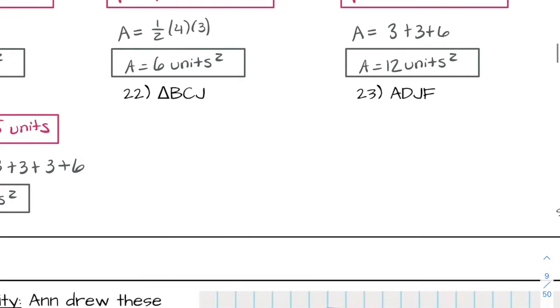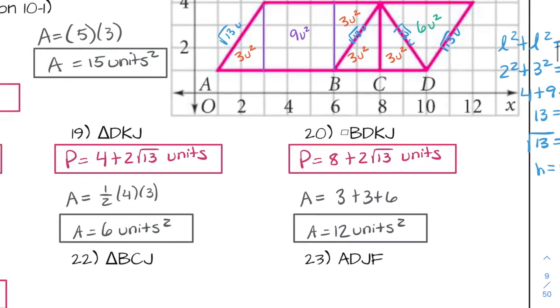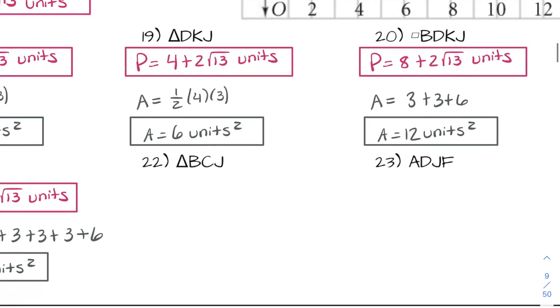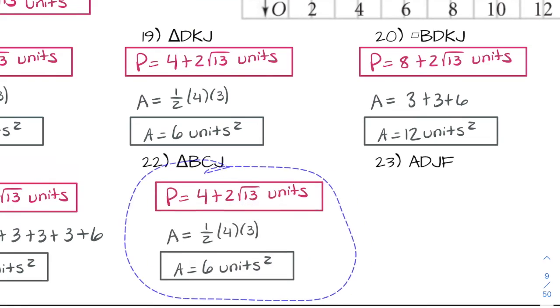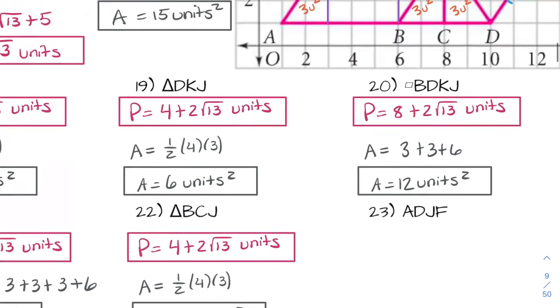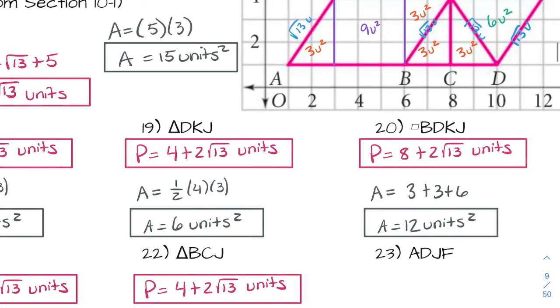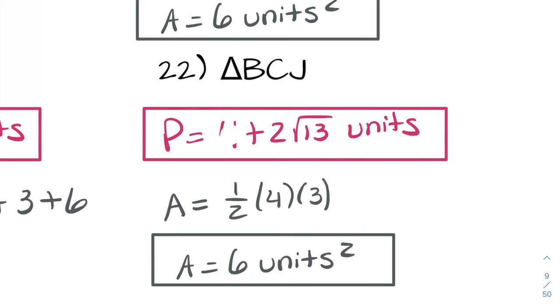All right, triangle BCJ. It's a smaller triangle. It looks like 2 plus 3 is 5. So 5 plus the square root of 13.